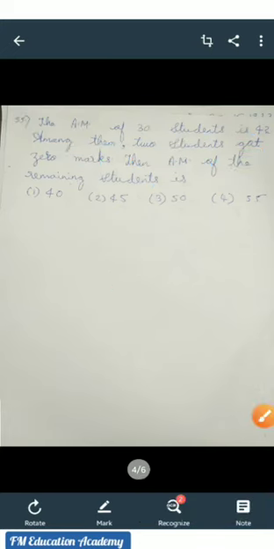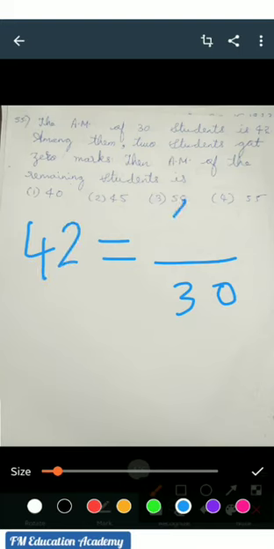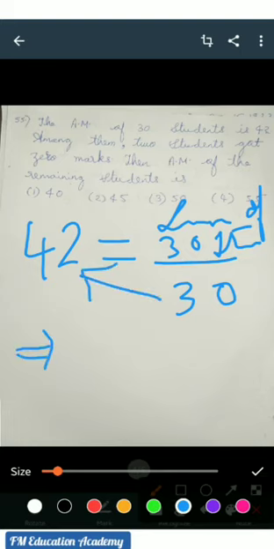So here we have arithmetic mean of 30 students given as 42. So sum of 30 students will be how much? 42 into 30, that is equal to 1260. So sum of 30 students is 1260.